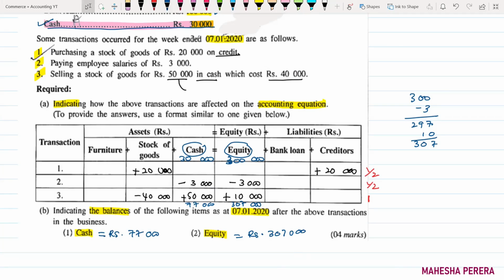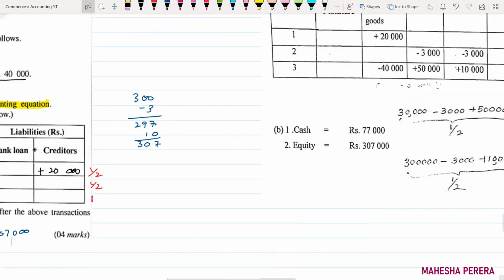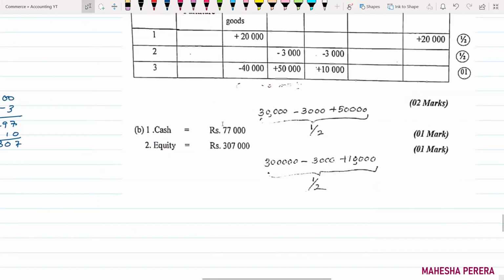Now I'll show you in the marking scheme how they have presented their answers. Okay. Straight away the final answers, and also they have mentioned the steps. This is opening balance. From this you have to minus 3,000 and then add 50,000. Okay. Or if you have presented the final answer, you're given 1 mark each, right?